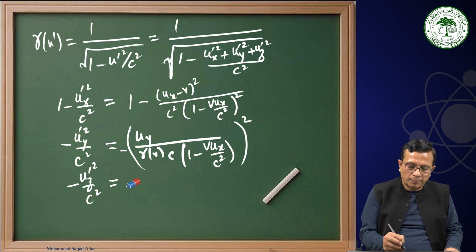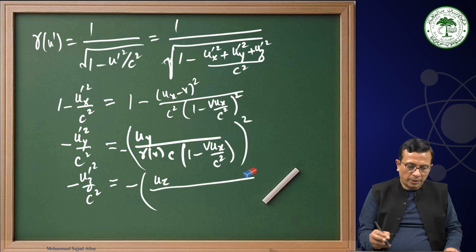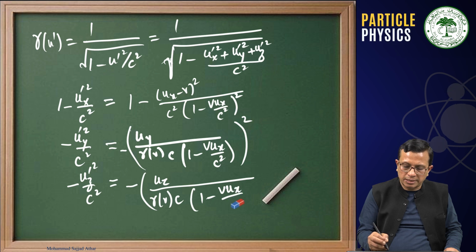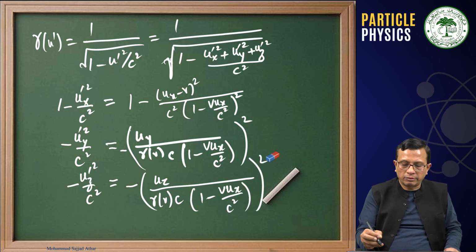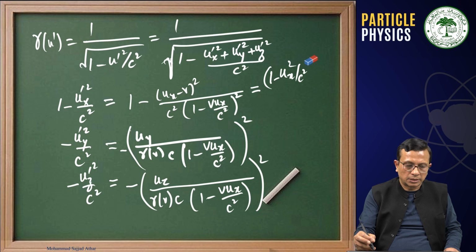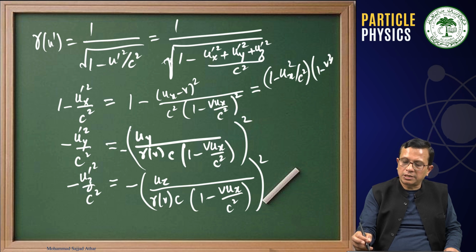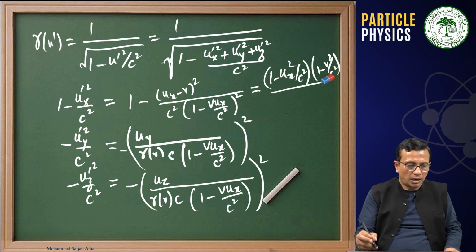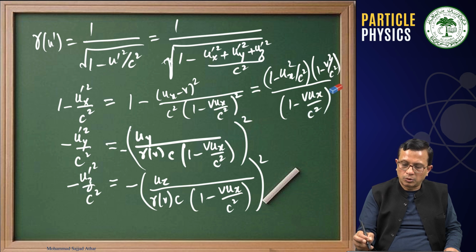Similarly here, minus uz by gamma v c 1 minus v ux by c square, whole square. And when you solve this, it will turn out to be 1 minus ux square by c square times 1 minus v square by c square upon 1 minus v ux by c square whole square.